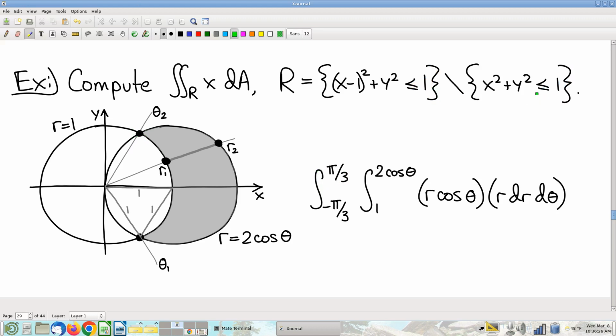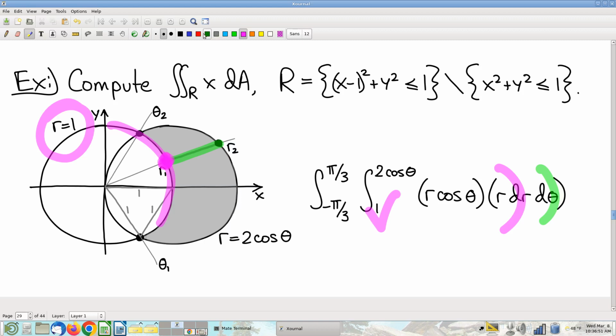Right. Okay, now with our theta bounds fixed, we're going to set a value of theta and start talking about r bounds. What can I say about the value of r? Our first r point is right there, which is on this curve, which has that equation. So, boom, r equals 1.